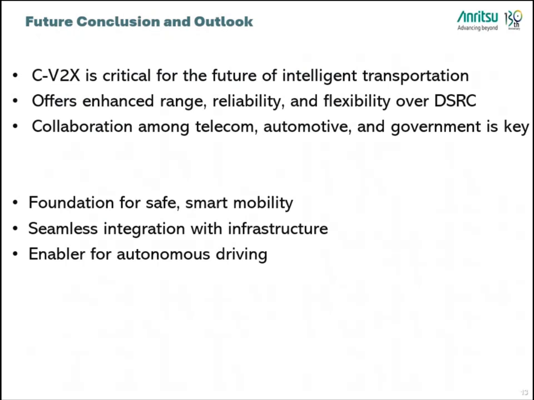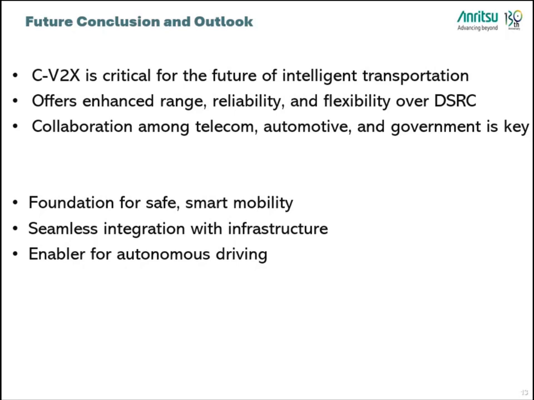So now, concluding this part and looking to the future, yes, C-V2X is crucial in future intelligent transportation. Why do we use it? It offers range, and is reliable and flexible over DSRC, with collaboration with telecom operators. Then automotive and government are the key.